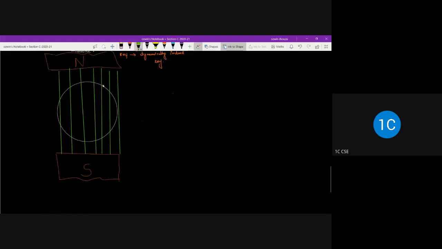North to south pole, the flux orientation. So the magnetic field basically represents the stator part of the machine, or stationary part of the machine.